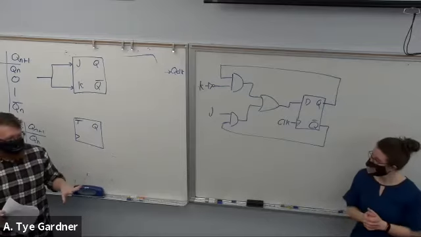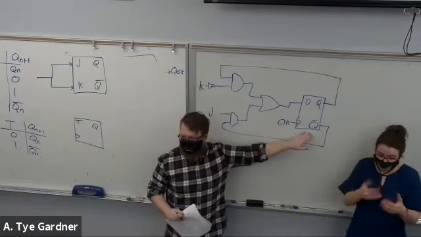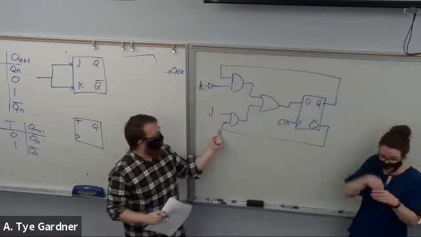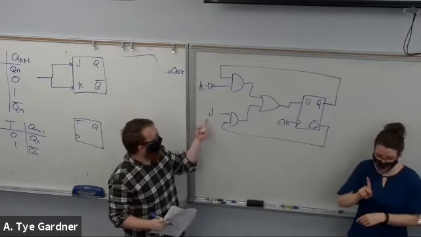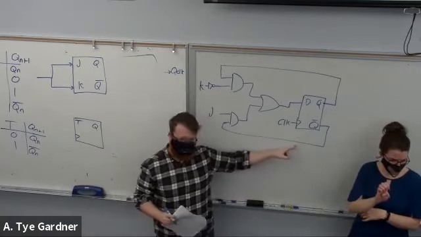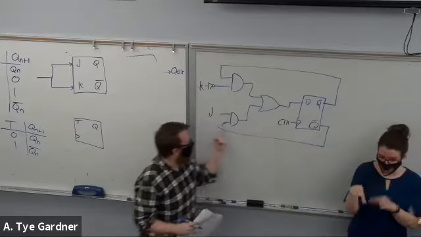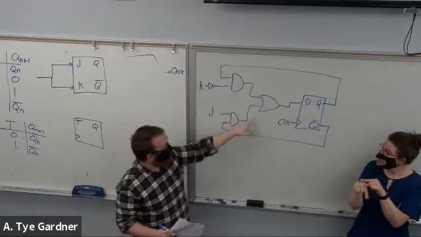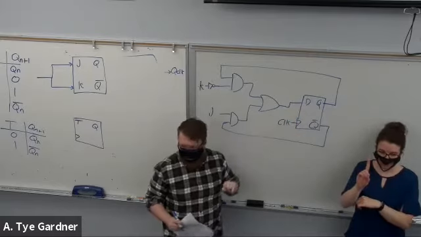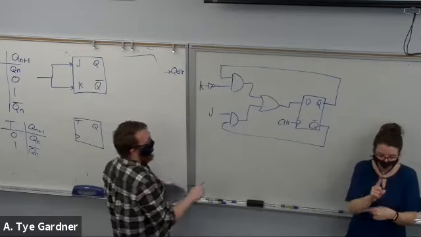So what this is doing is it's using whatever is stored in those values already in feedback so that they can evaluate. So if I have J and not Q, right? So J and not Q, then I get a 1 here. I put a 1 on the D, and on the clock, I clock 1 onto Q. So let's make sure that makes sense.